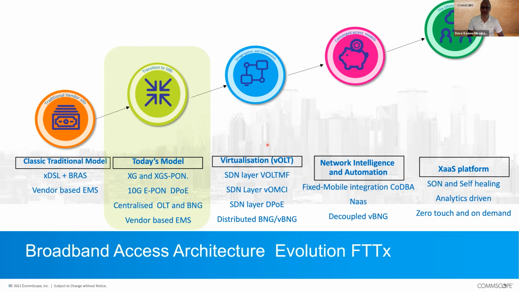Virtualization also plays a big part. Now, a well-used term, but we need to understand what that brings in terms of the benefit to an operator. And we start bringing, sorry for the acronyms, but splitting out layers of the OLT, the OMCI, the vault management function, and we start looking at where we position those in the network.